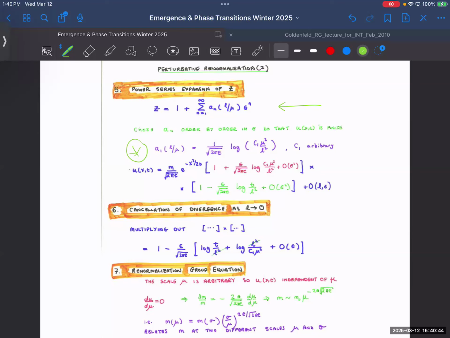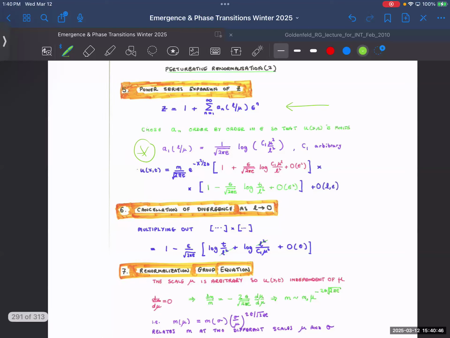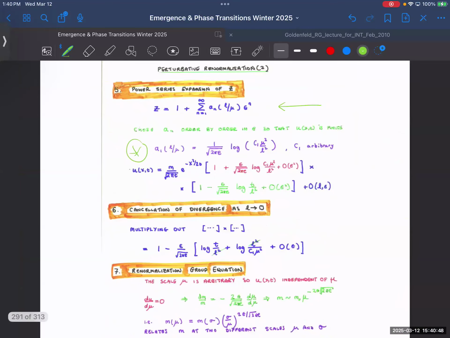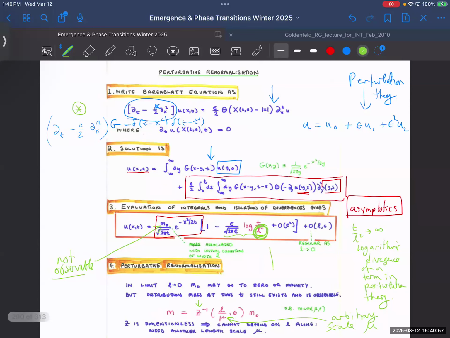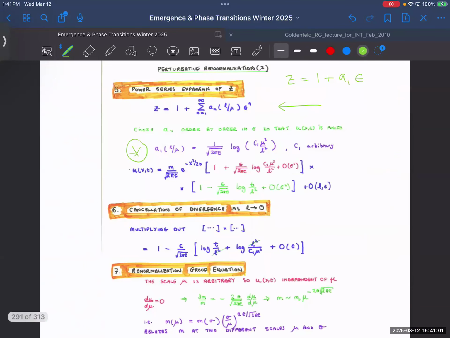Okay, why do I choose it to be this? Take that form for A1, take this form, so Z is now equal to 1 plus A1 times epsilon, and plug that into this formula over here. So here's the result.